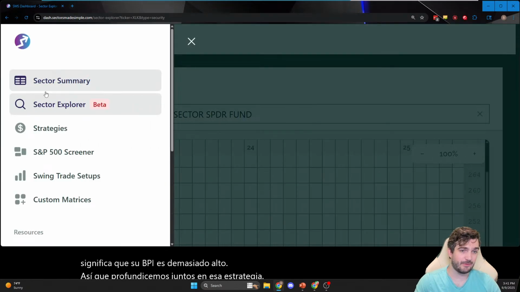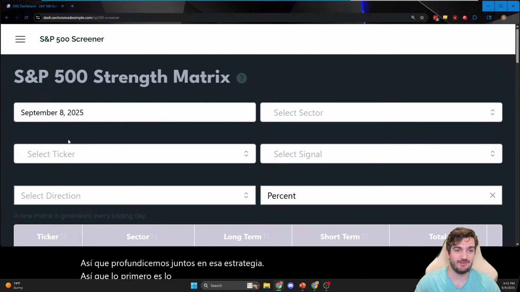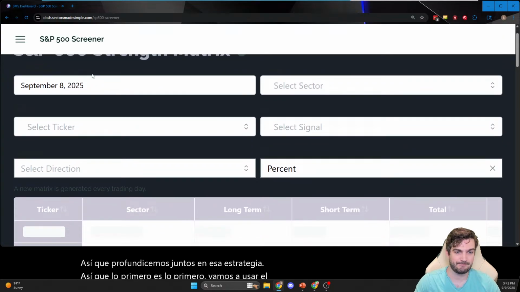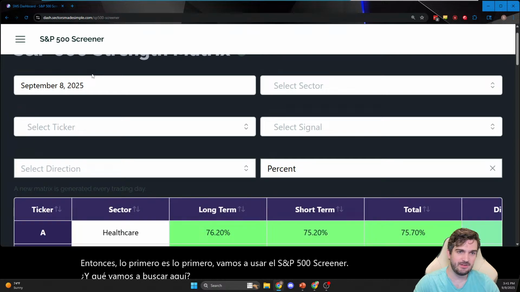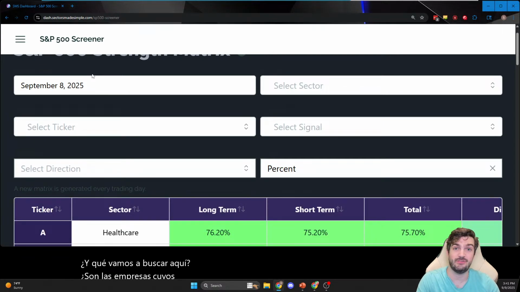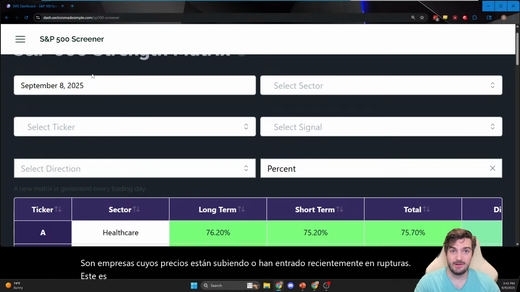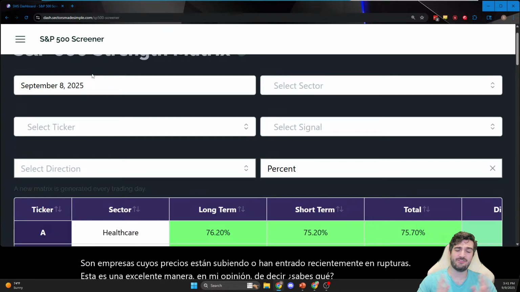So first things first, we're going to use the S&P 500 screener. And what we're going to look for here is companies whose prices are going up or have recently gone on breakouts. This is a really great way, in my opinion, to say, you know what? I don't want to invest every day.